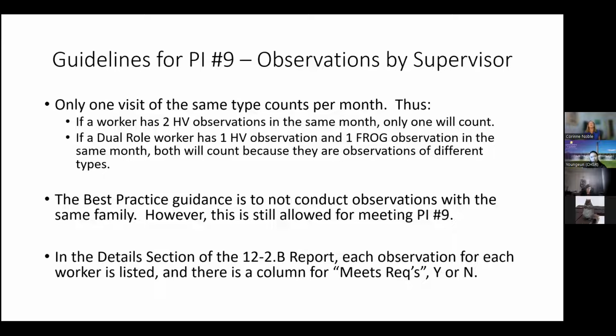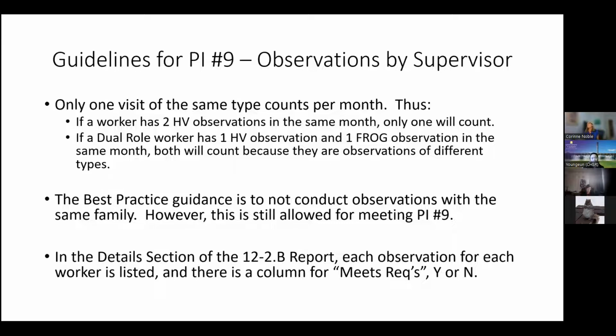You would be okay if you do an observation in August and one in September. But if you leave it to September and you try doing 2 observations of the home visit in the month of September, only 1 will count towards the PI. So that is something to consider.